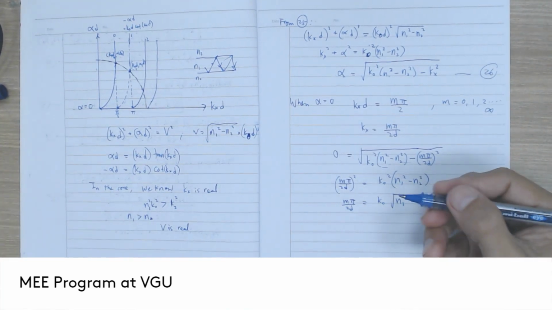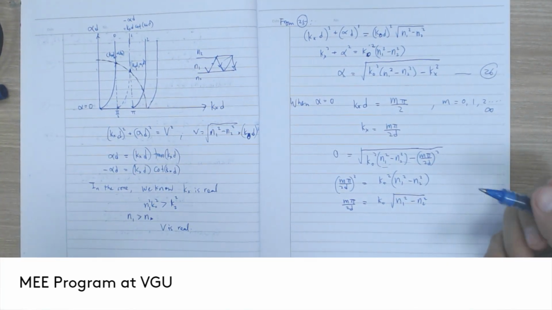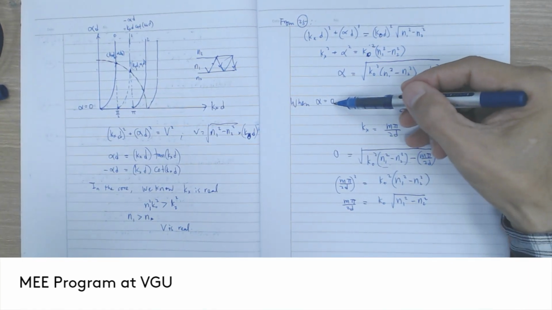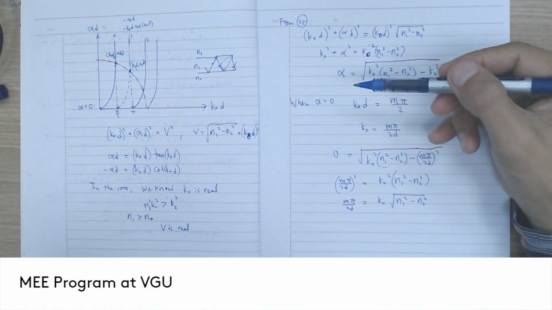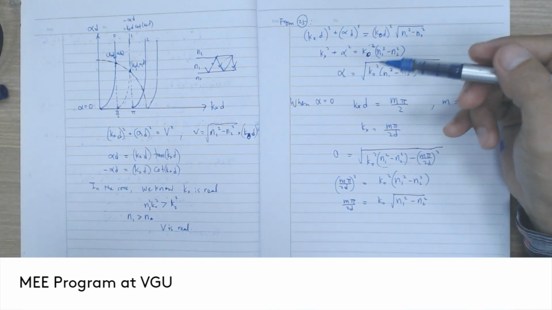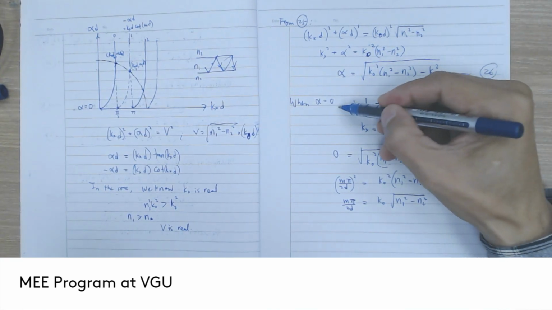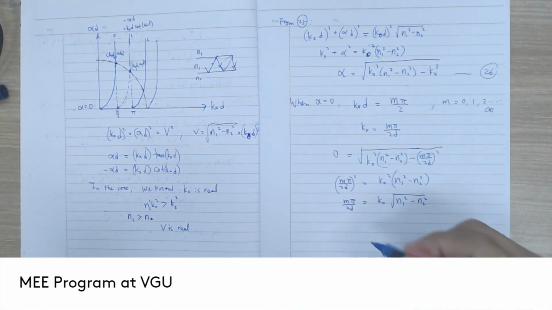Now, when alpha is 0, the frequency is the so-called cutoff. I can say why we can do this.